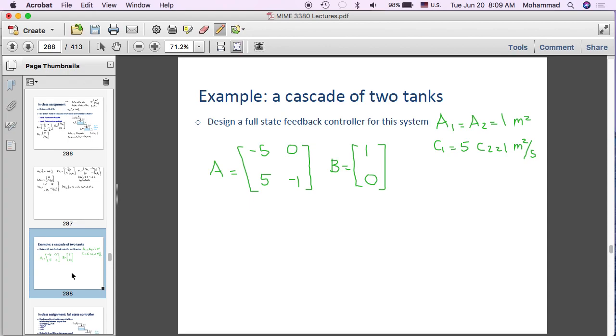The next step is to form the closed loop A. So A closed loop is A minus B times K. So this is A, which is minus 5, 0, 5, minus 1, minus B, which is 1, 0, times K, and K is always a row vector, so it's made of K1 and K2, a vector of controller gains.